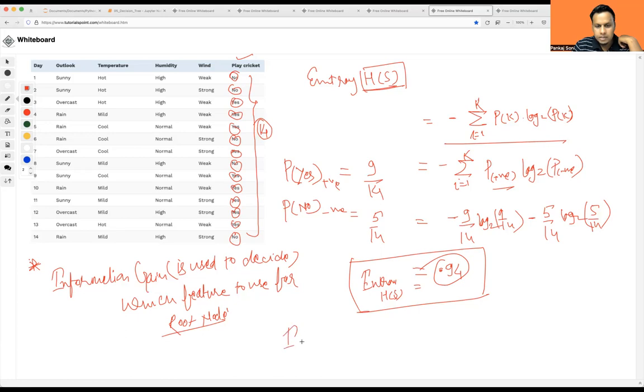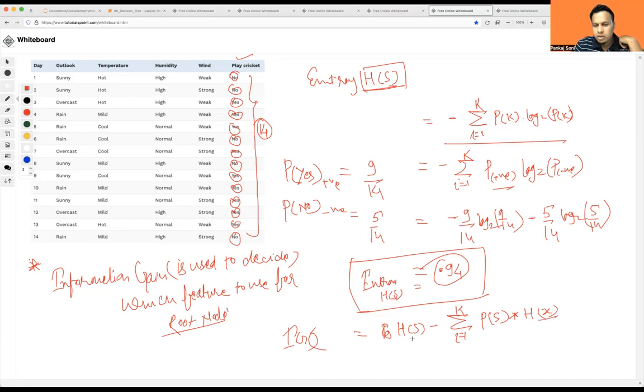Information gain is the entropy, H of S, minus the sum over i from 1 to k of the probability of getting s multiplied by H of x, where x is the subcategory.